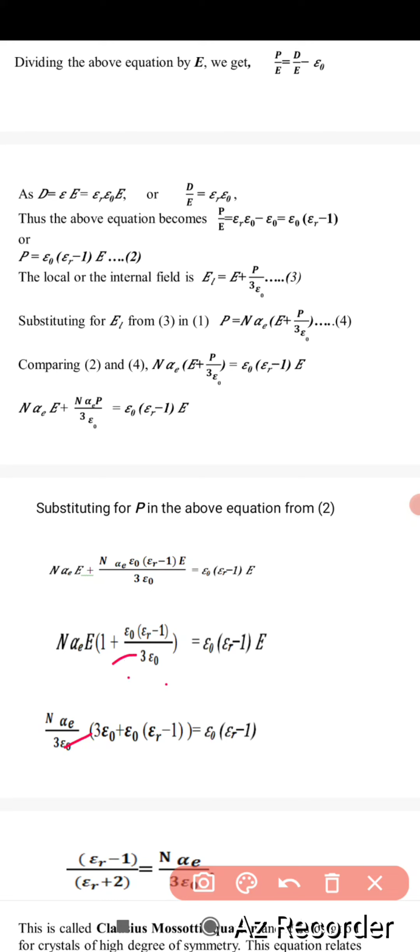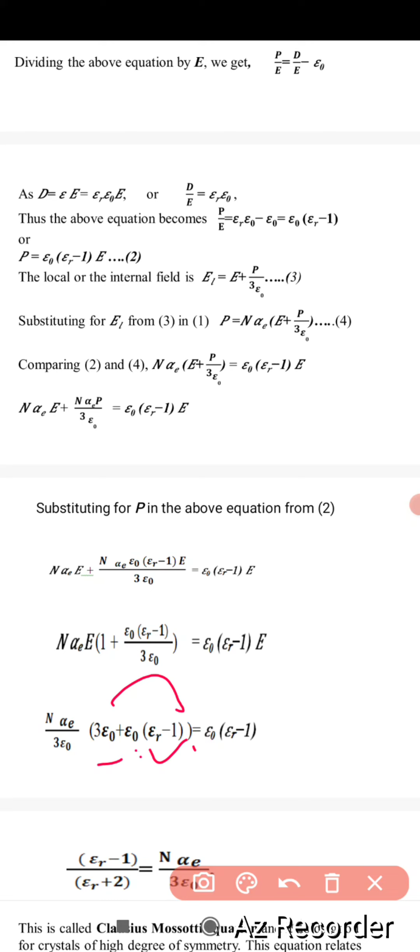Therefore, the LCM is 3 epsilon naught. Here the numerator will be multiplied by 3 epsilon naught plus epsilon naught into epsilon r minus 1. This will be multiplied on this equation. We get minus epsilon naught. 3 epsilon naught subtracted by epsilon naught gives 2 epsilon naught.